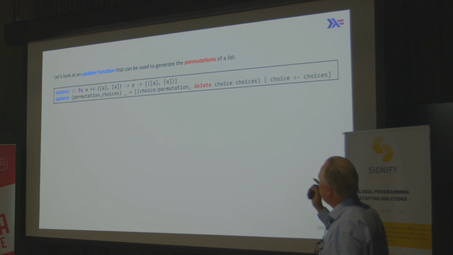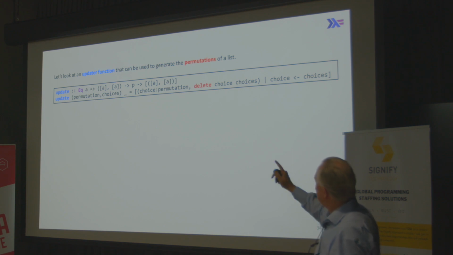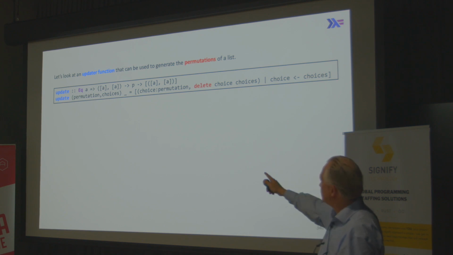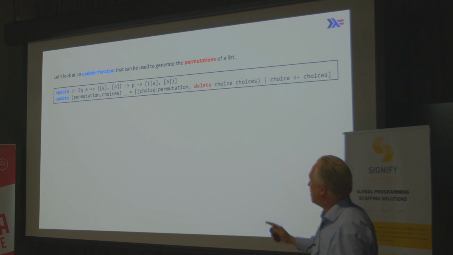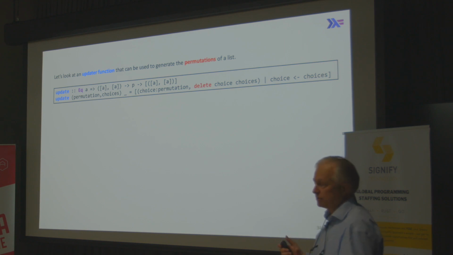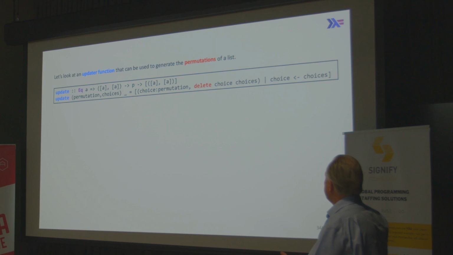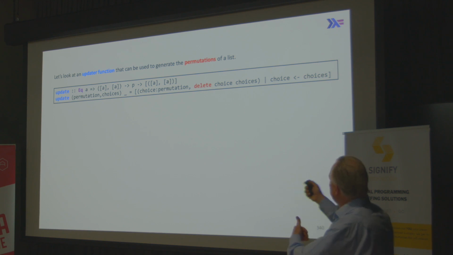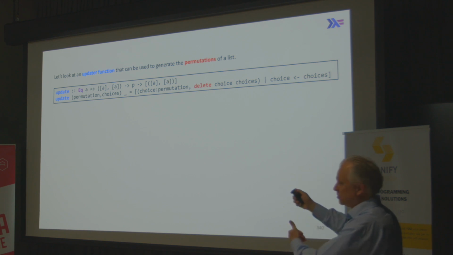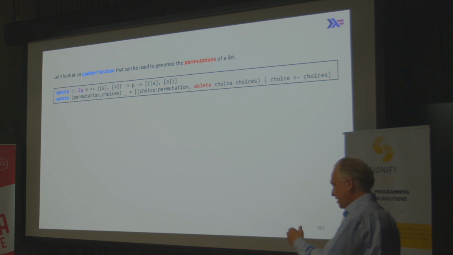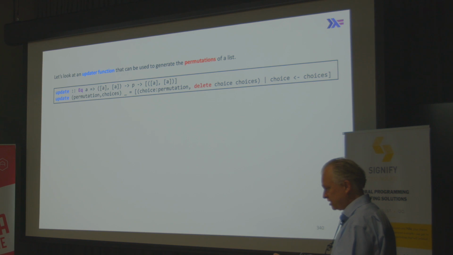We can do that by passing to foldM this function, update. Update takes 2 parameters. It ignores the second one. The first parameter is the accumulator. It contains a permutation built so far, and then the choices that are still available. For each of the choices available, update constructs a new accumulator whose permutation is built by taking the current permutation and consing onto it the selected choice.